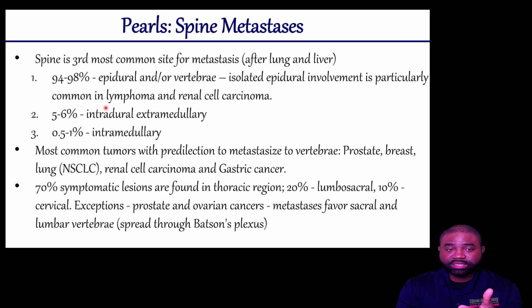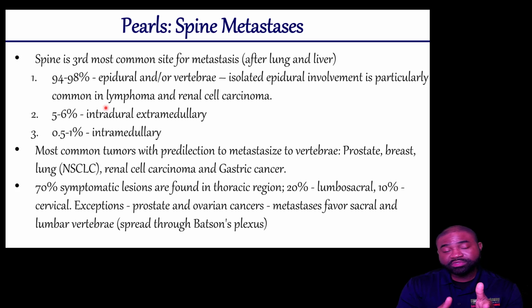Now, the Batson venous plexus essentially is a system of paravertebral veins that connects the pelvic and thoracic vessels to the intraspinal veins. Spine metastasis is very common. As a matter of fact, it is the third most common site for metastasis after lung and liver.